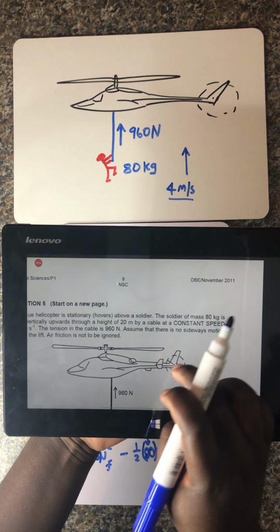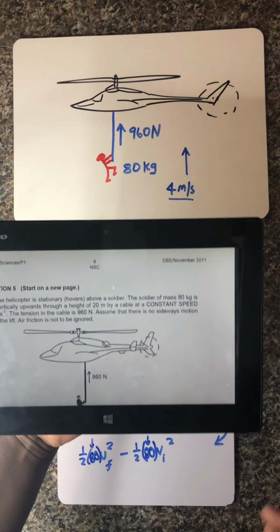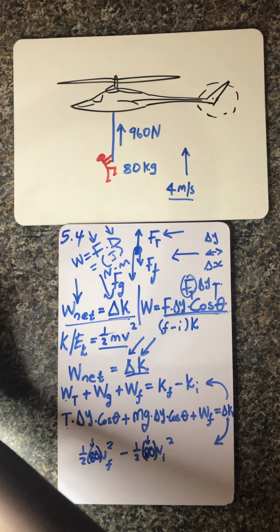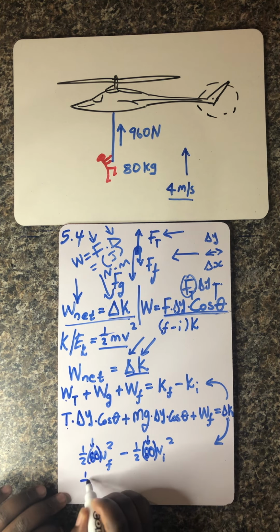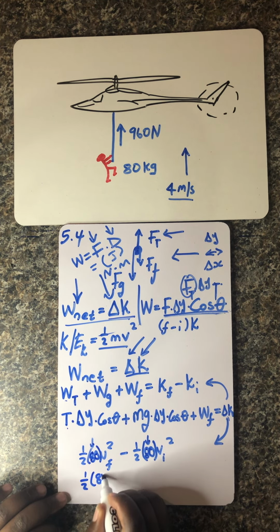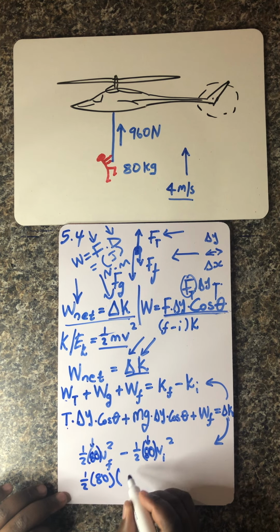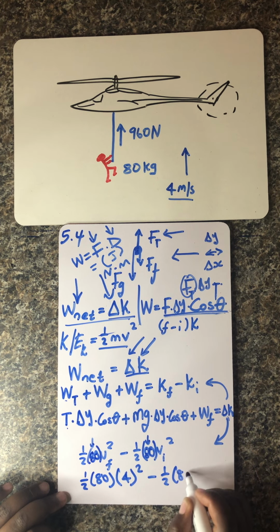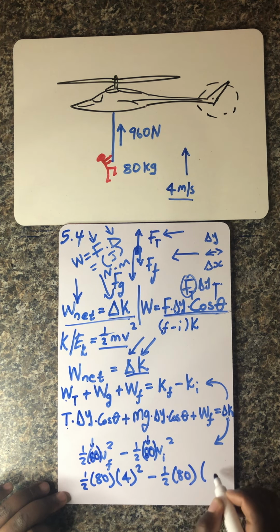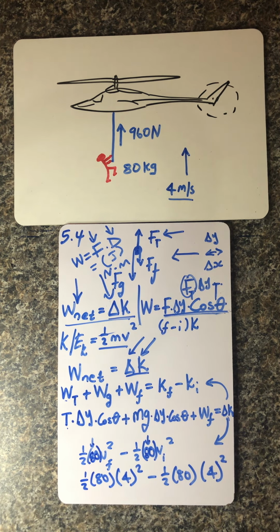How is it going to help you? You won't need to worry about what your final velocity is, what your initial velocity is. We know mass is 80, then v final is 4, you square it, and this is half into 80. What is your v initial? It's 4 squared. Okay, very, very important.